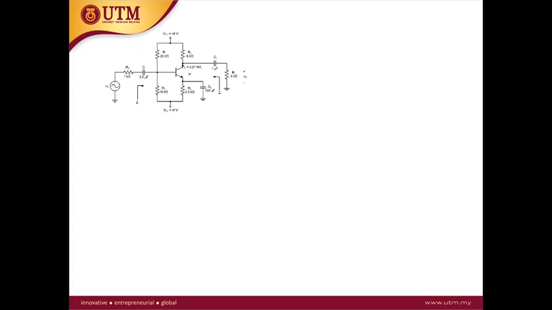Again, let's draw the mid-band equivalent circuit. This is the VS, and then this is RS, and then I can combine R1 parallel with R2, and then here we have the r pi connected to the ground because we have the bypass at the emitter.